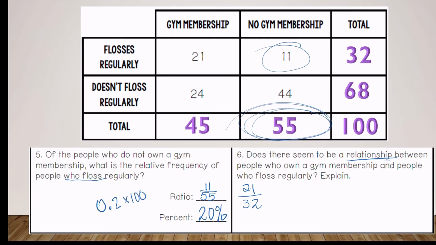So if I were to calculate this, I end up with approximately 66%. That's a pretty strong relationship, okay? Meaning more people that own a gym membership floss regularly than those that don't.